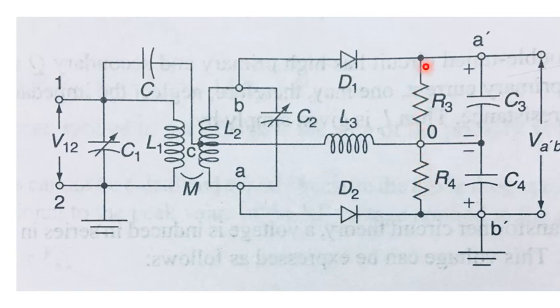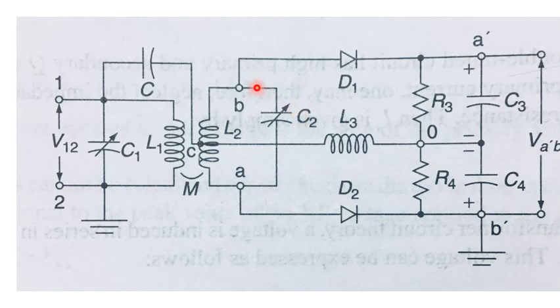Hence, when we take the total voltage across the output, these two voltages will cancel out each other, and the net voltage at the output will be 0. Or we can say that the output voltage at resonant frequency will be 0.